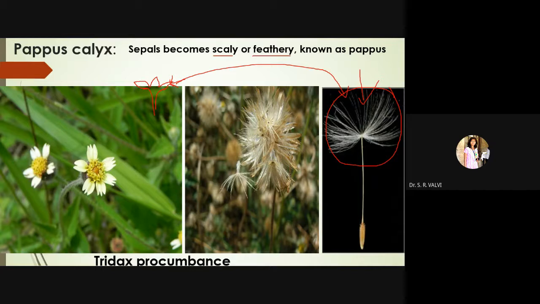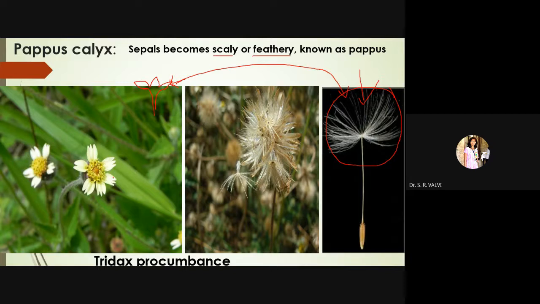So why are such modifications present? Each of these modifications has a story. It is not created just for time pass; each has a natural reason. In the case of Mussaenda previously, we learned that one of the sepals looks like a petal to attract the insect, because the flower is very tiny.